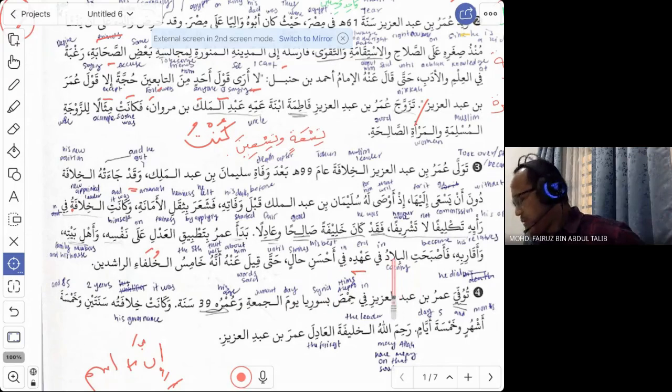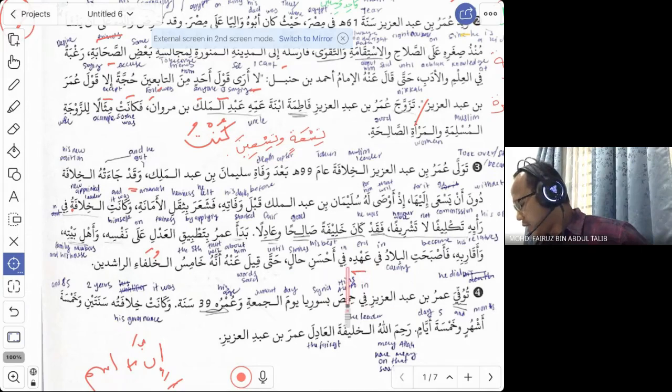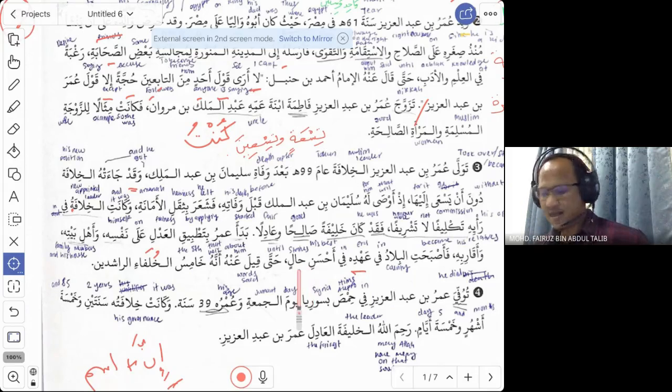So the bilad here, of course now we translate the word bilad as country. But previously bilad was referring to the places, the areas, the states under his reign. So yes, the country became in his era in the best of its condition. أحسن حال.